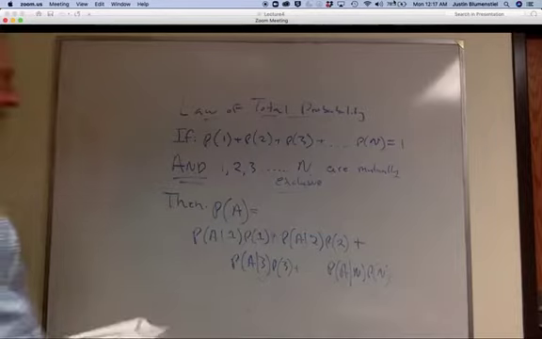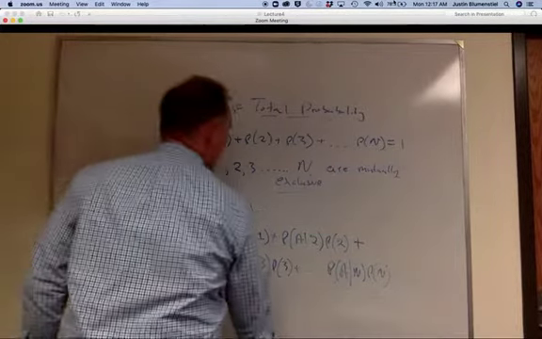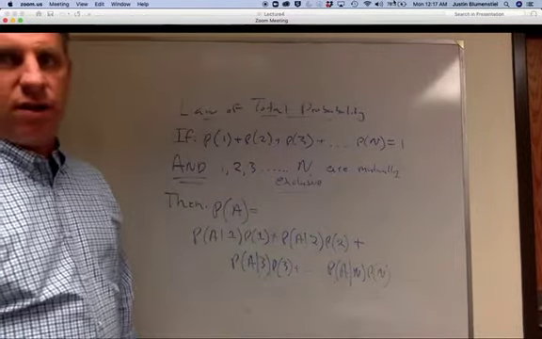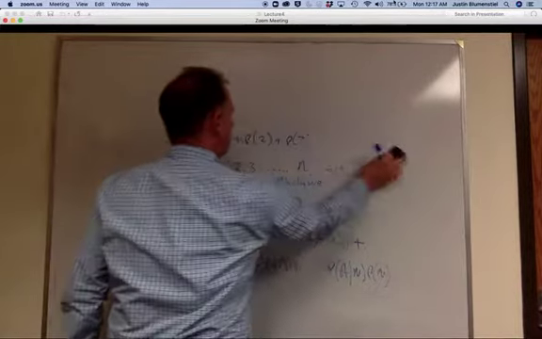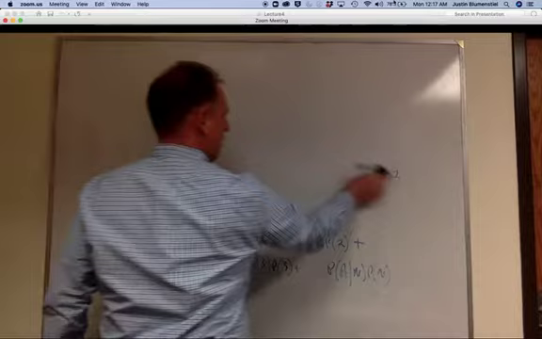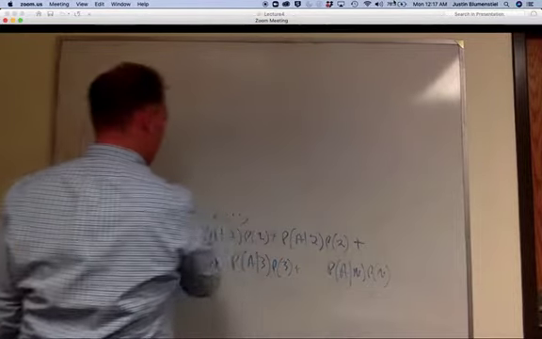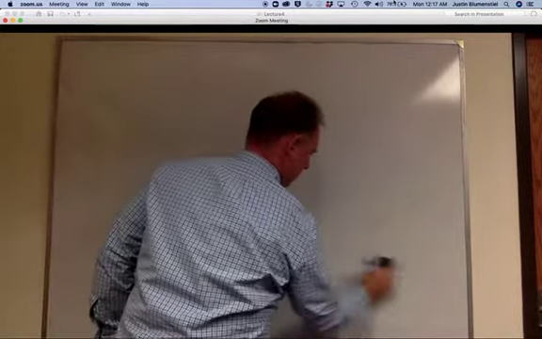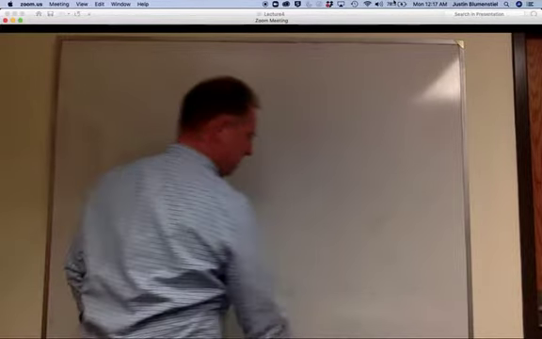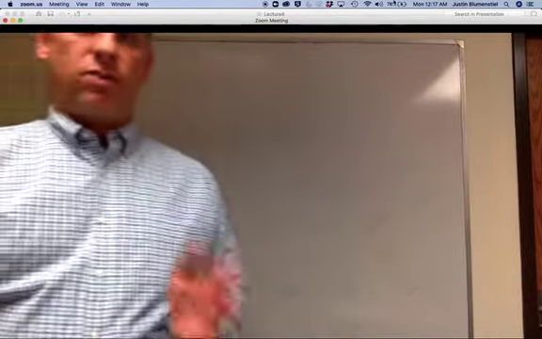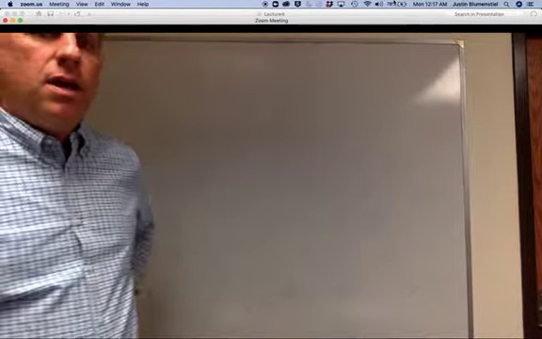The first one is going to be the condition of getting lung cancer. Now, you know that getting lung cancer depends on something, and that something is whether you smoke or not.